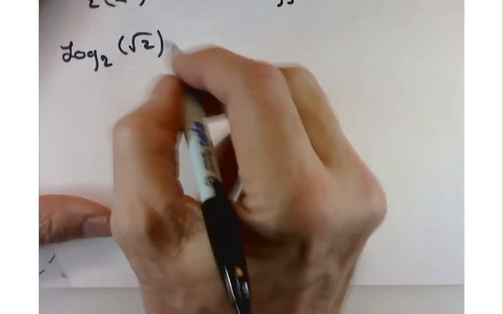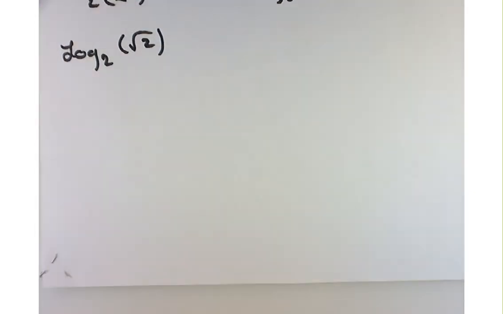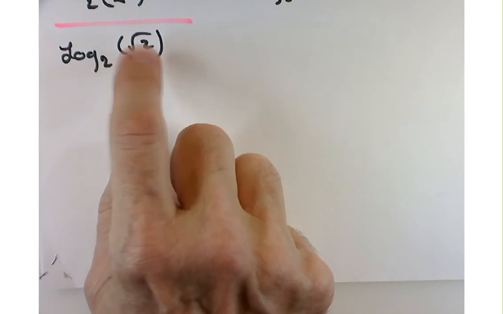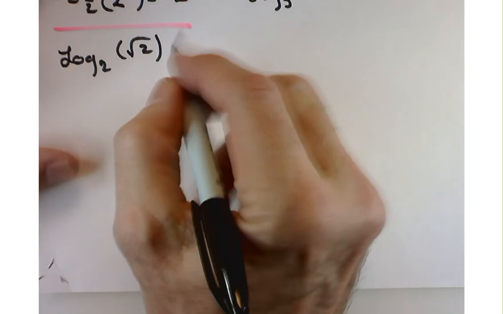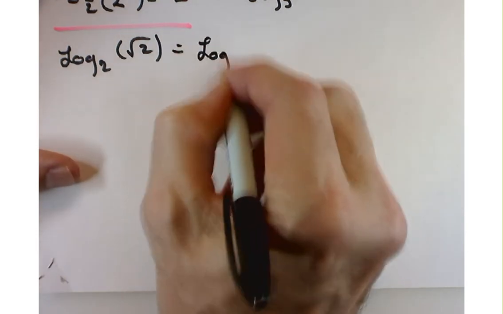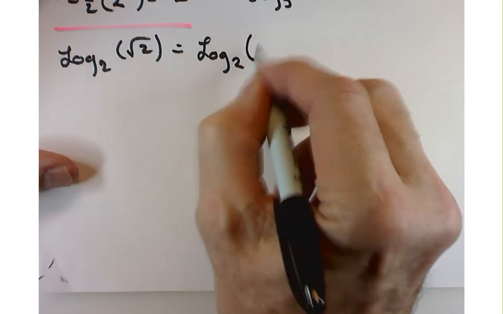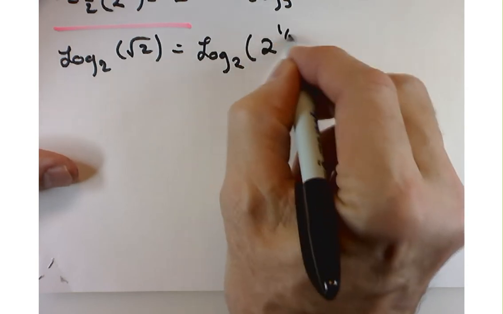But let me take this approach. Let's rewrite the square root of 2 as 2 to some power. How could I do that? Oh, well done. Who got that? Is it Julian? Well done. This is really 2 to the 1/2 power.